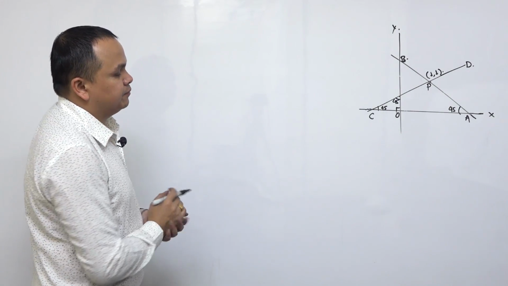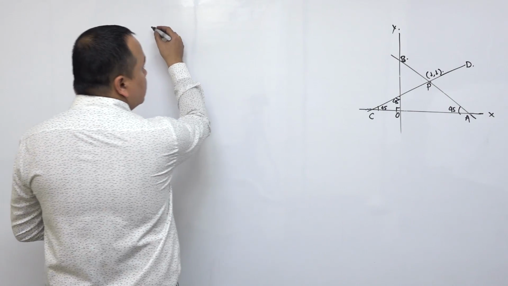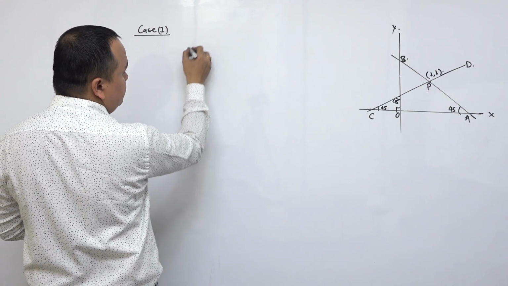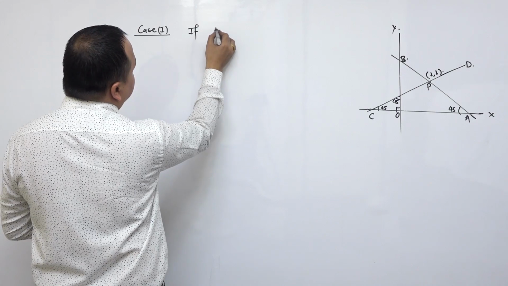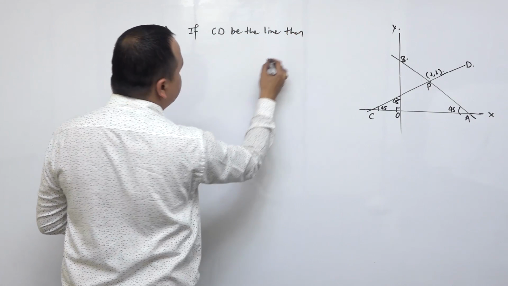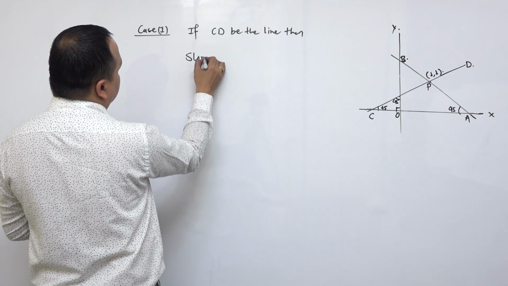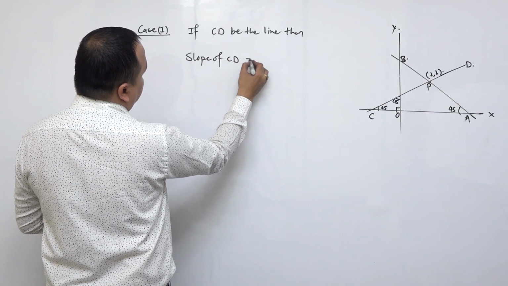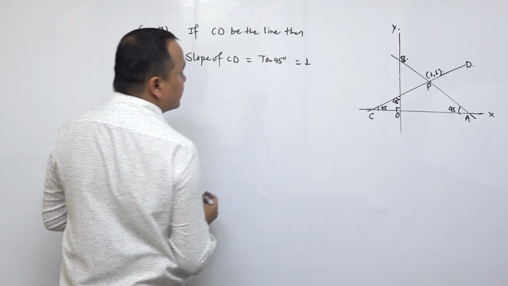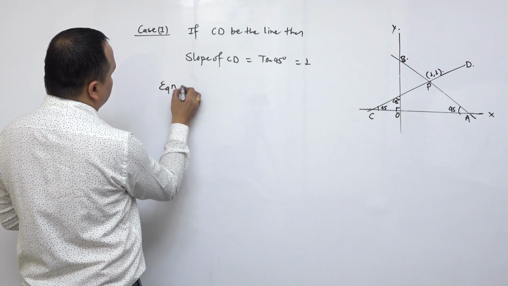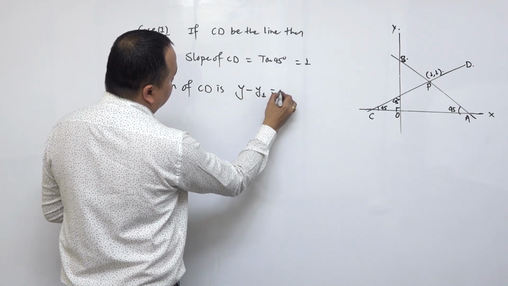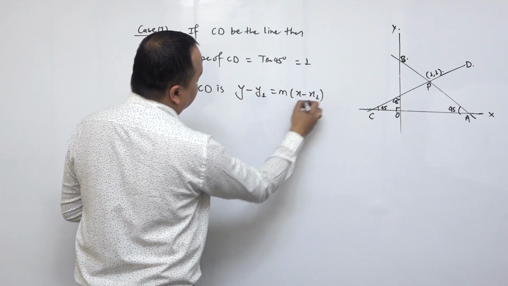Now we have two cases. Case 1. If CD be the line, then slope of CD is tan 45. This is 1. Equation of CD is y minus y1 is equal to m times x minus x1.